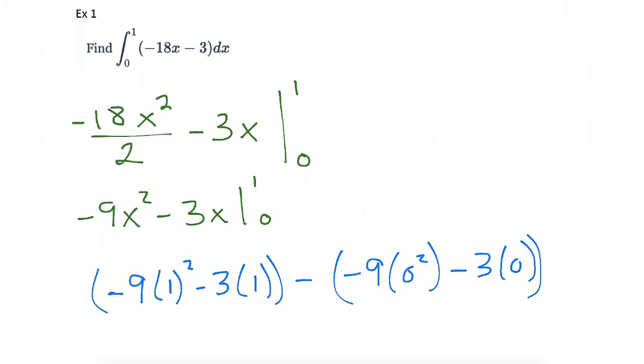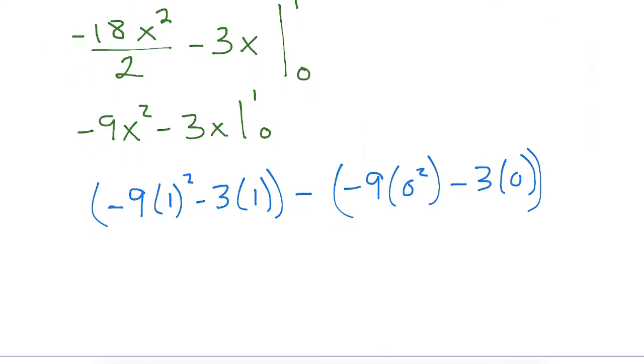And we subtract those. So that's that idea of we're doing F of b, the top bound, minus F of a, the lower bound. And then we continue to evaluate it. This one's negative 9 minus 3 minus 0, so negative 12 in this particular case.